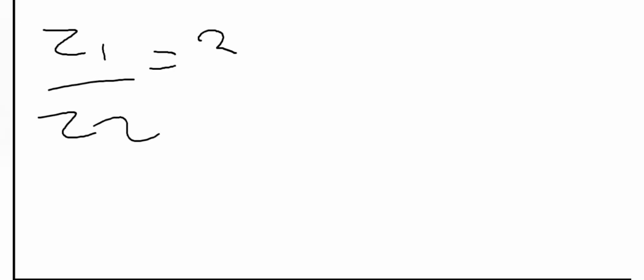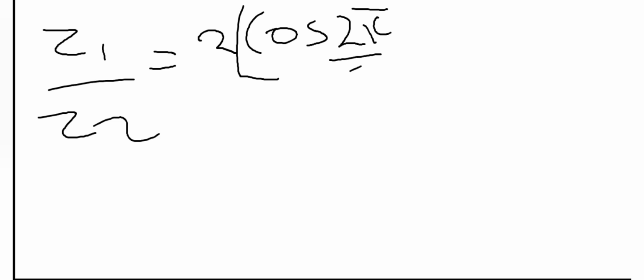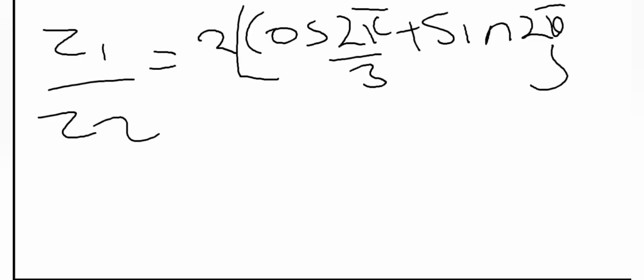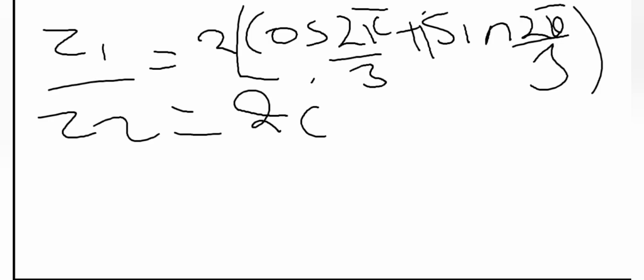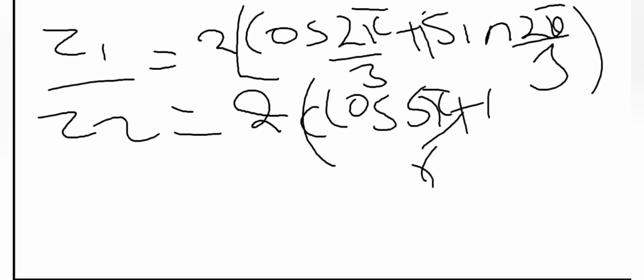We have z1 over z2, then we'll have a 2 here, which is cos, open brackets, 2 pi over 3 plus I sine 2 pi over 3, over 2 cos 5 pi over 6 plus I sine 5 pi over 6.